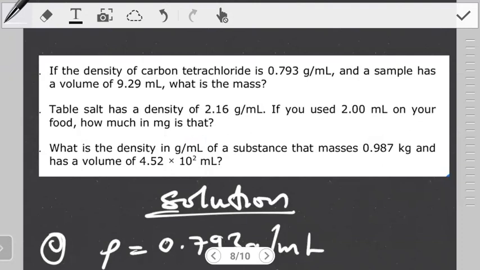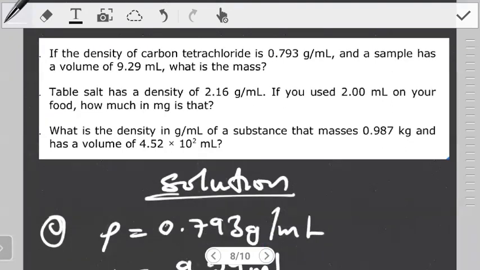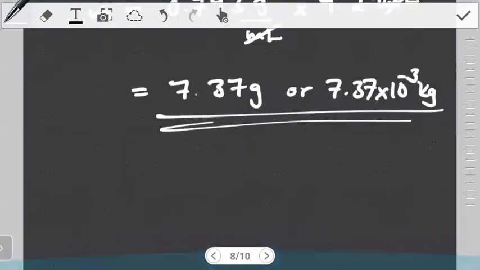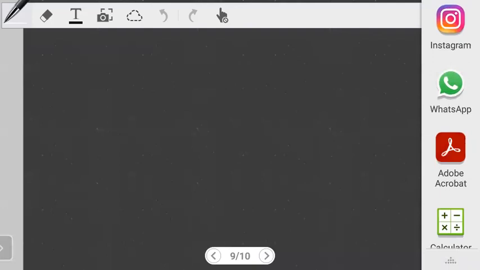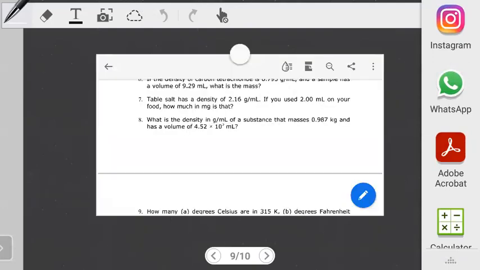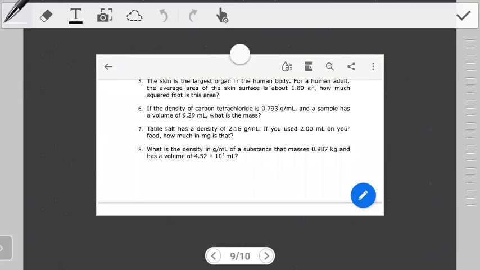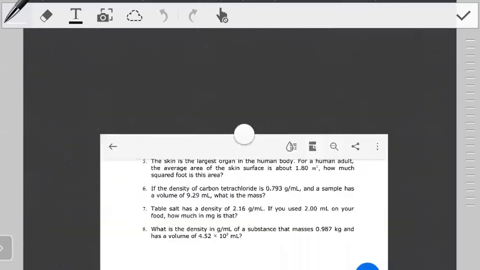Okay. So the first thing that we want to do here is, again, we're given the density. When you look at this, we're given the density of table salt.